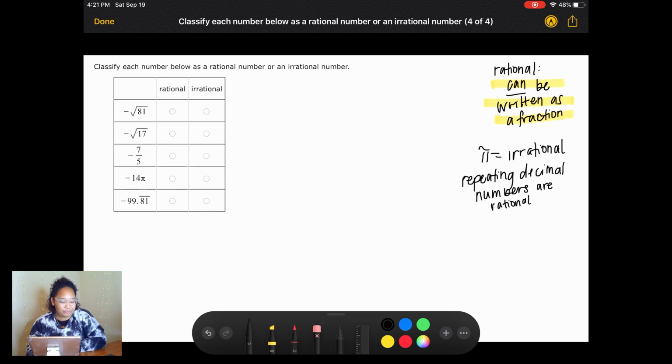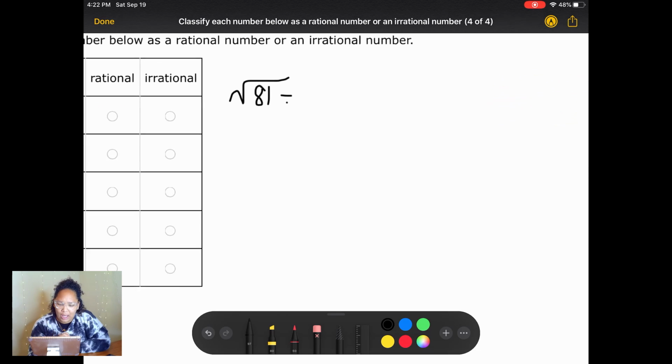So let's get into some of the examples that we have here. If I have negative square root of 81, I don't even want you to think about this negative, because a negative doesn't make a difference. Just think about the square root of 81, which is really the exact same question we did earlier.